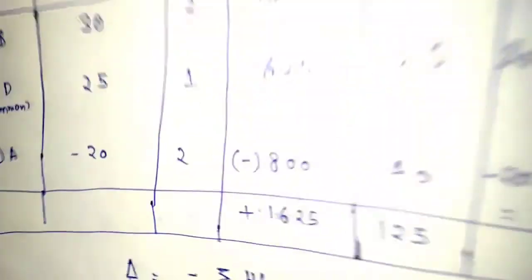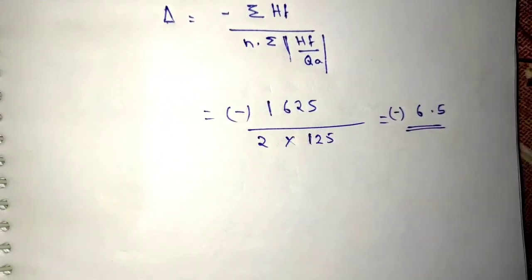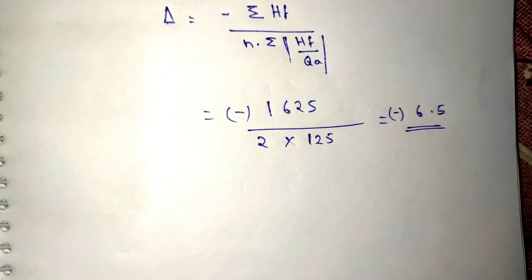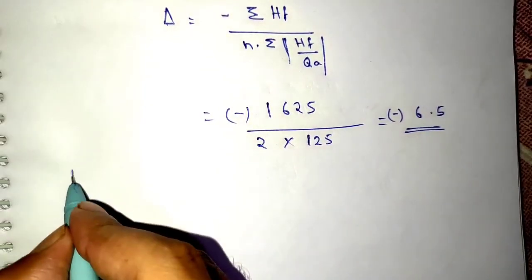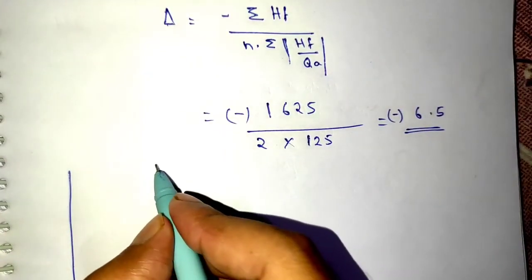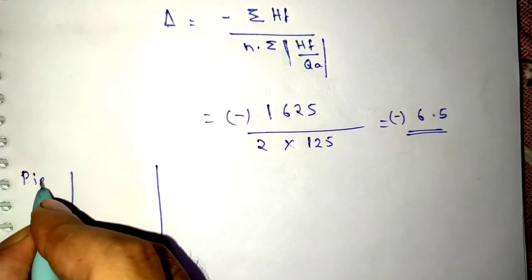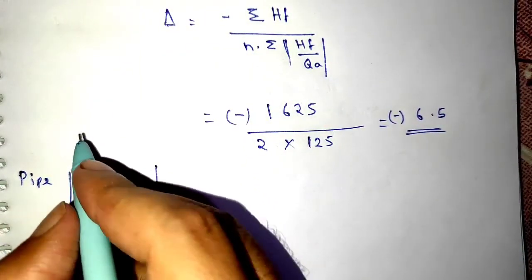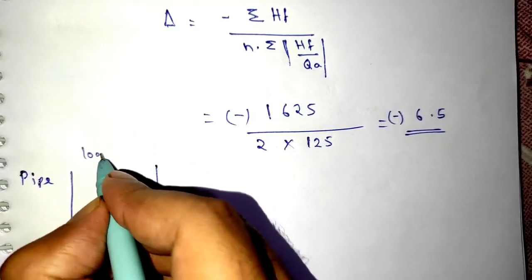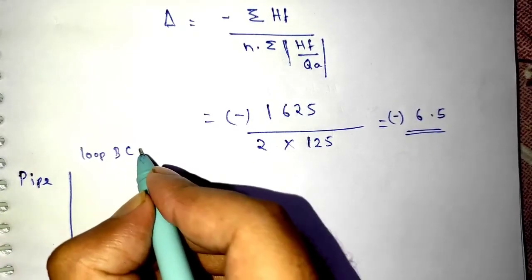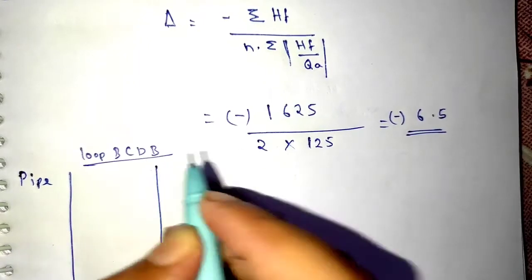Okay. Now we will make a similar table for the next loop also. I can write here loop BCDB.